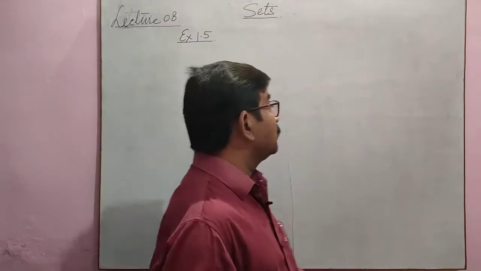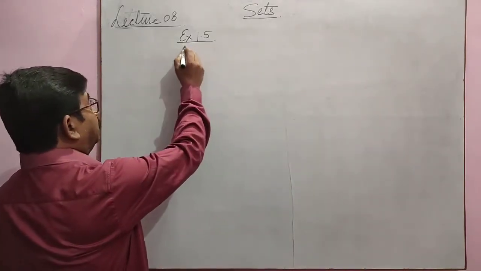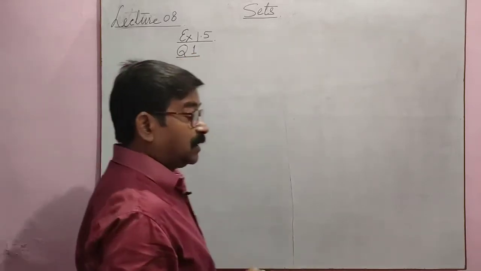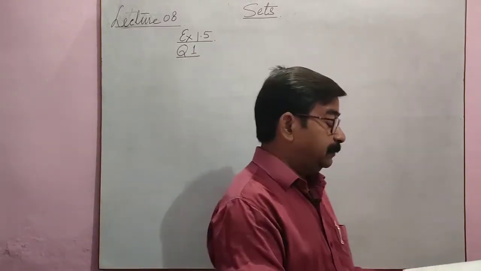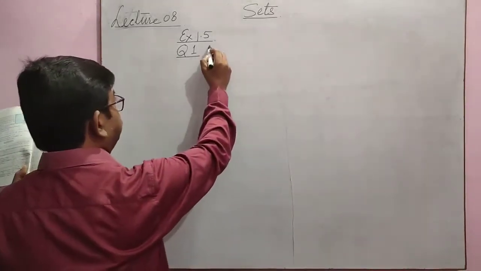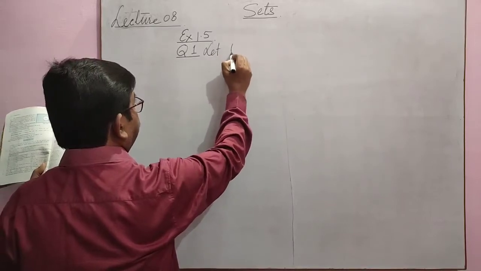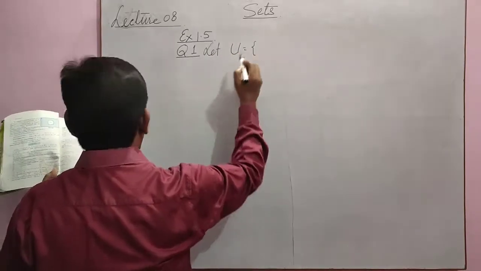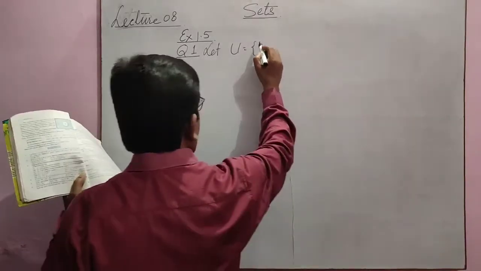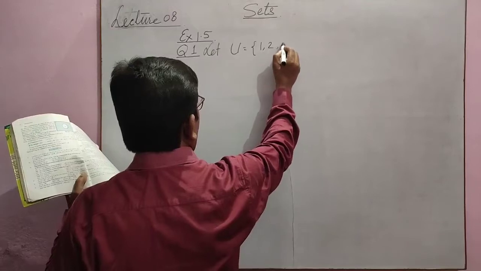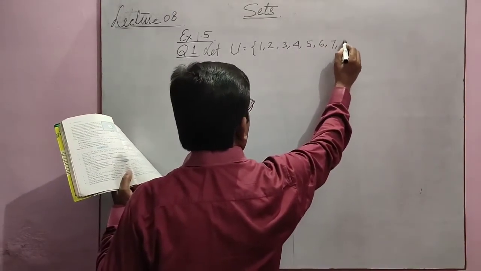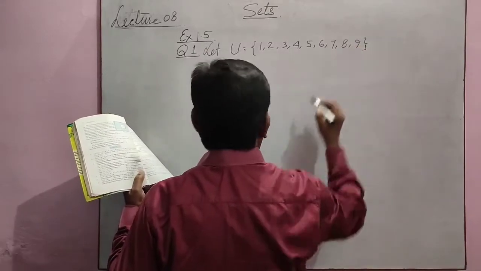Like, I am starting this exercise 1.5, question number 1. See, we are given a universal set. Let U have 1, 2, 3, 4, 5, 6, 7, 8, 9. This is the universal set.